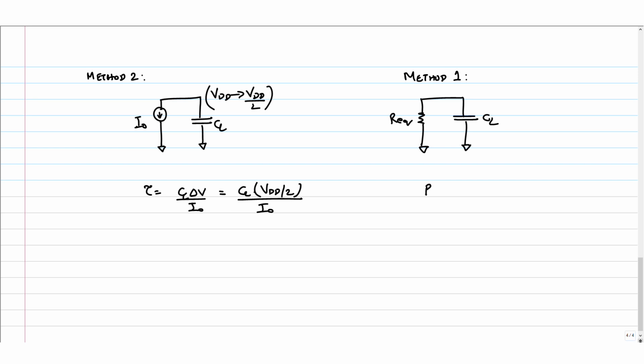Here the R equivalent was 3 by 4 VDD by I naught, which implies that the time constant of this RC network, let me call it tau prime, is R equivalent into C. Now the delay of this thing to come from VDD to VDD by 2 is 0.693 times the time constant.